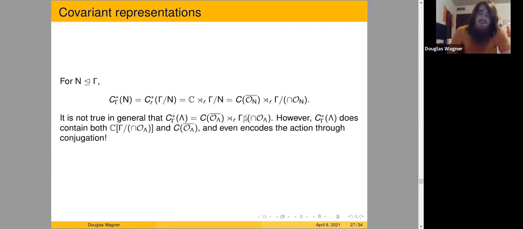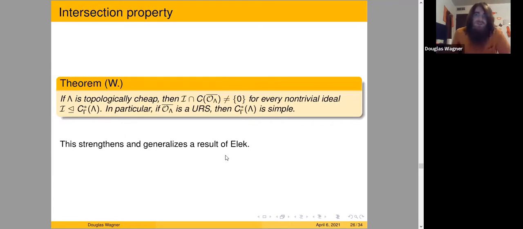However, the C-star algebra of the orbit closure does contain the star algebra of this thing that we can assume is just gamma and the continuous functions on the orbit closure, which, if you were observant, you noticed that the previous slide doesn't make sense without that fact.